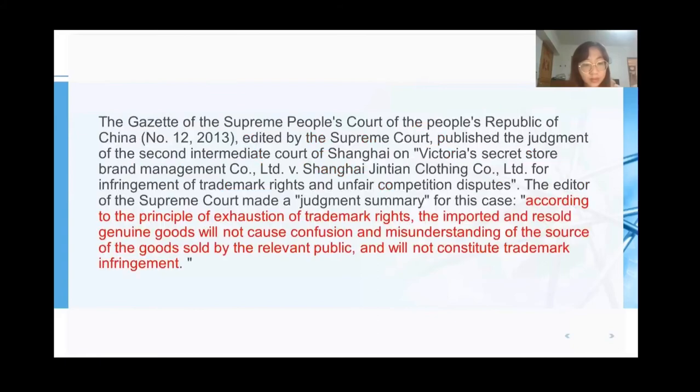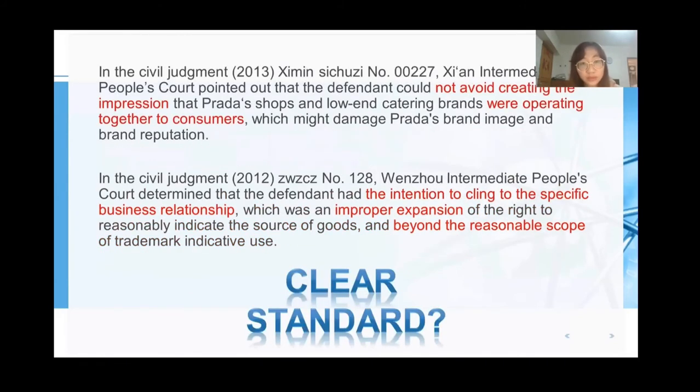The third one is a judgment summary for this case. According to the principle of exhaustion of trademark rights, the imported and resold genuine goods will not cause confusion and misunderstanding of the source of the goods sold by the relevant public, and will not constitute trademark infringement. But in some cases, it will lead to trademark infringement. Here are 2 examples.